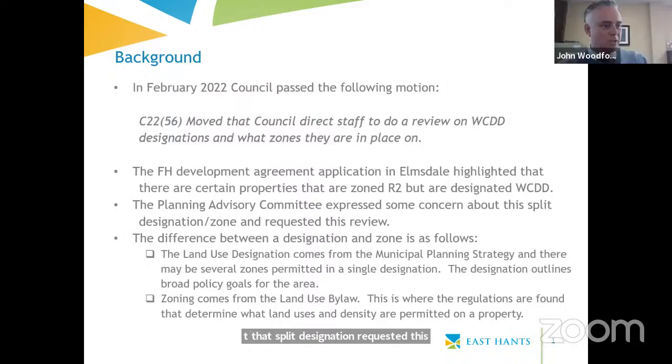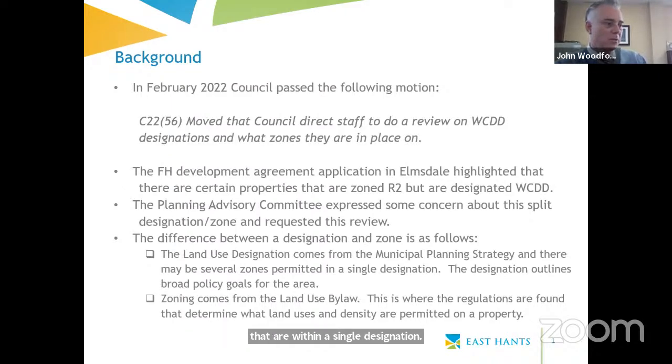And so just as a reminder, the difference between a land use designation and zoning. The land use designation comes from the municipal planning strategy. And for example, there may be more than one zone that's permitted in a designation. So for example, the R1 and R2 zone are both zones that are within a single designation, the established residential neighborhood designation.